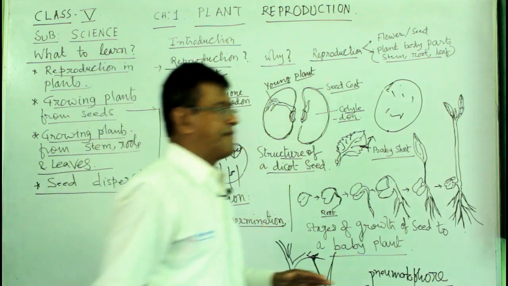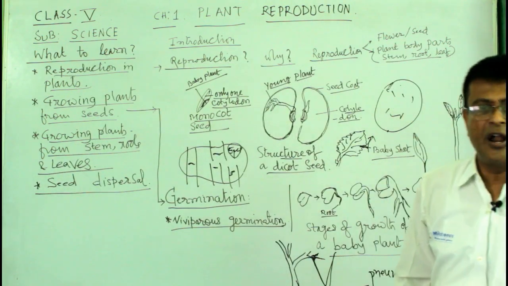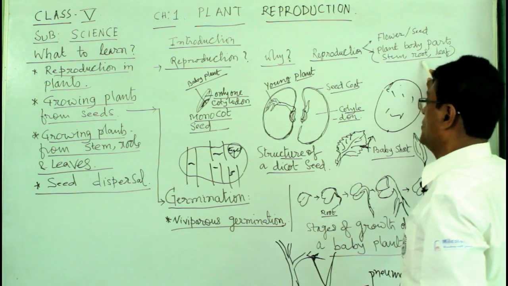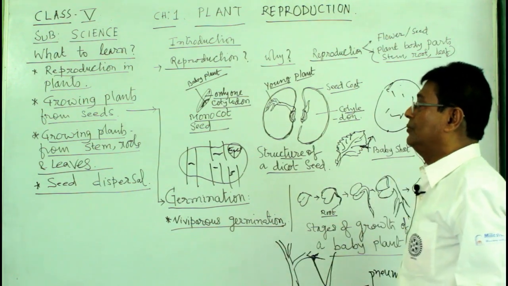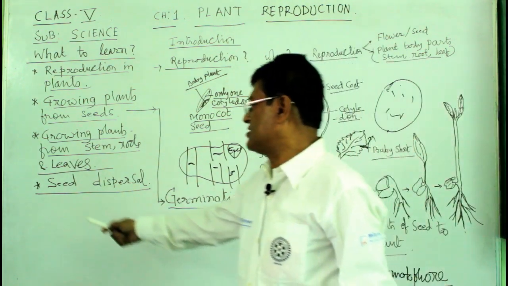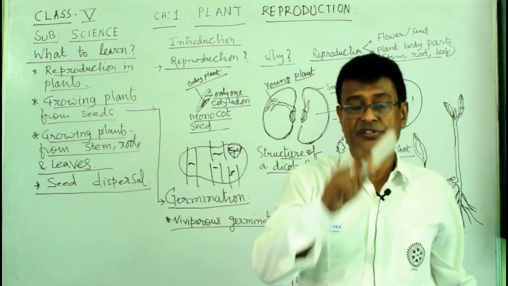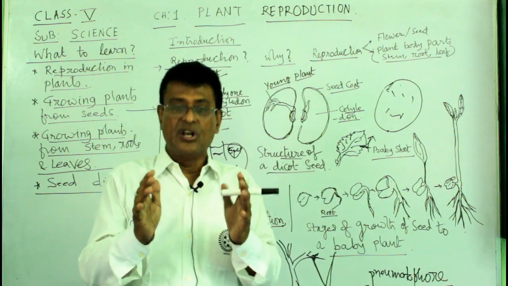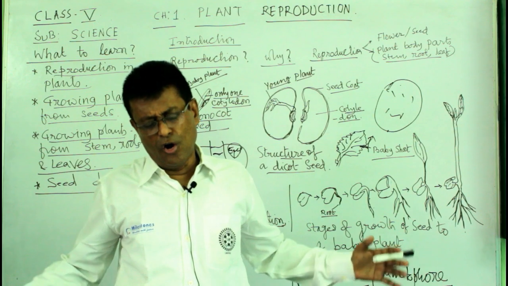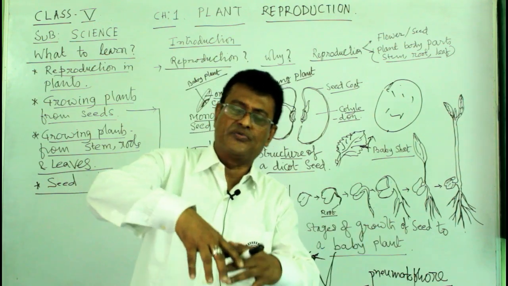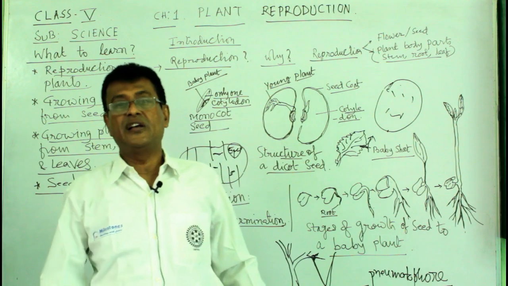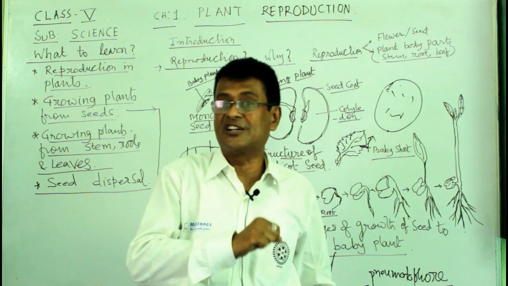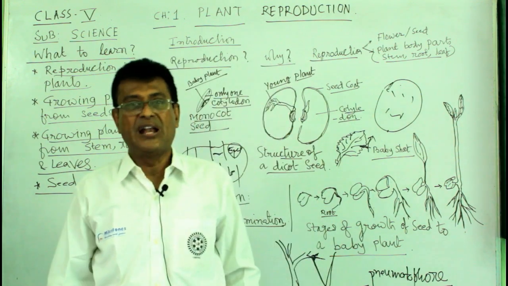Children, now we have come to know about vegetative reproduction, where the plants reproduce with stem, root, and leaf. Now we are to discuss the plants which produce seeds. Now you see, if you are kept in one room, and all the people are locked in it, with a supply of only a certain amount of food, water, and resources, what will happen?